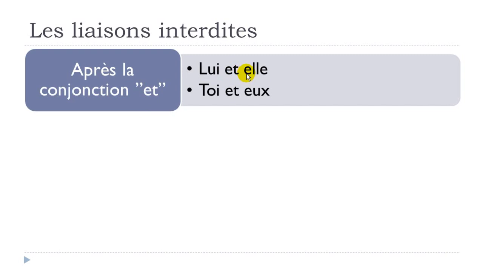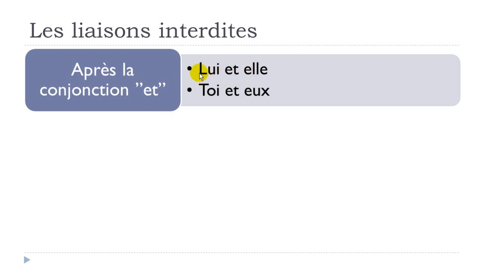Because it would be quite logical. After all, we tend to put it a little bit everywhere. But in that case, the rule is really strict. So after this conjonction et, like we've got here, you don't make any liaison. So no links after et.